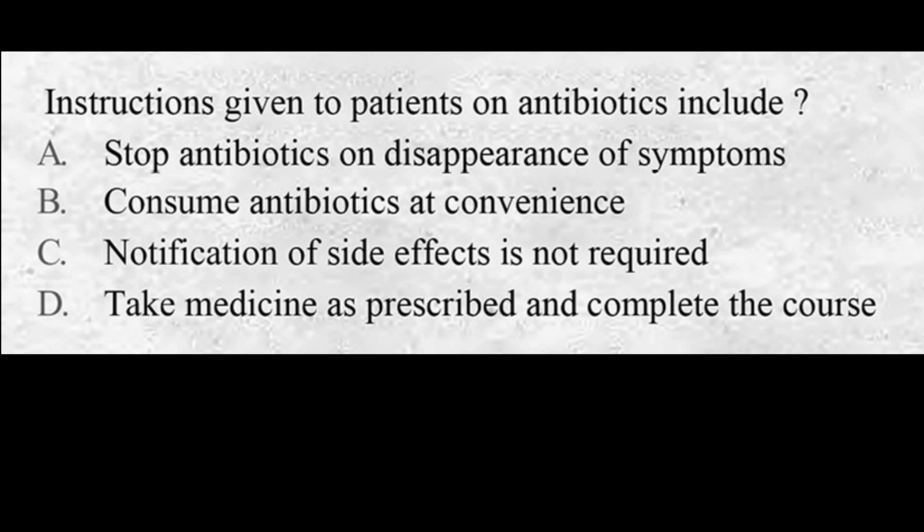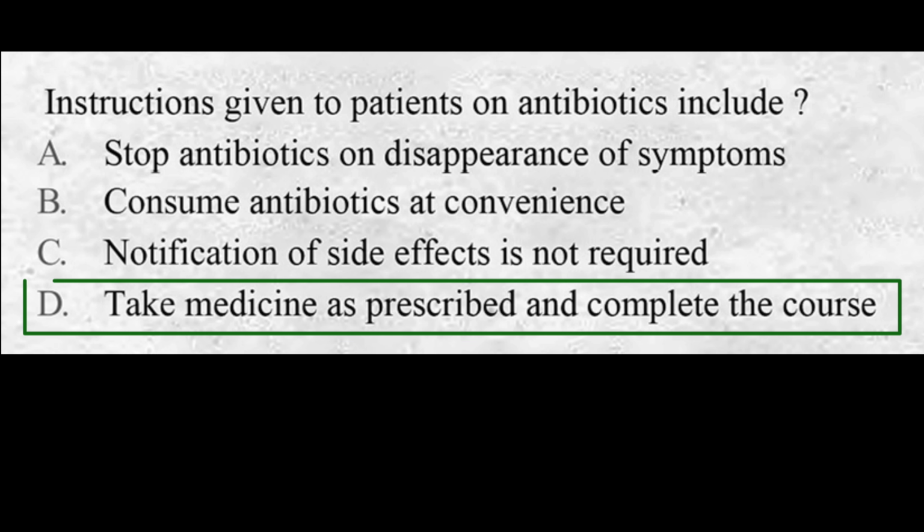Instructions given to patients on antibiotics include A. Stop antibiotics on disappearance of symptoms. B. Consume antibiotics at convenience. C. Notification of side effects is not required. D. Take medicine as prescribed and complete the course. And the correct answer is D. Take medicine as prescribed and complete the course.